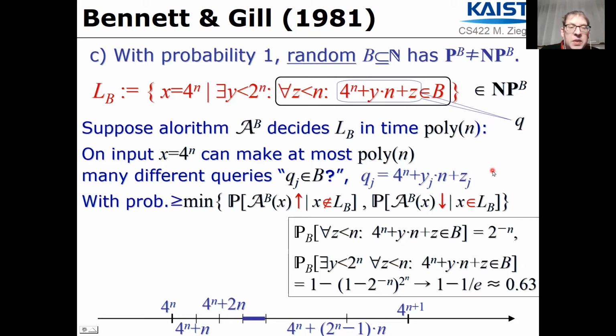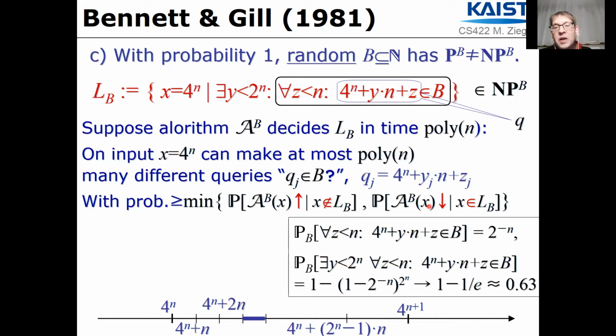And we show that, observe that with this probability, the current algorithm makes a mistake. What does it mean to make a mistake? It means the algorithm on input x accepts under the condition that x actually does not belong to the decision problem. That's what it means for the algorithm to make a mistake.